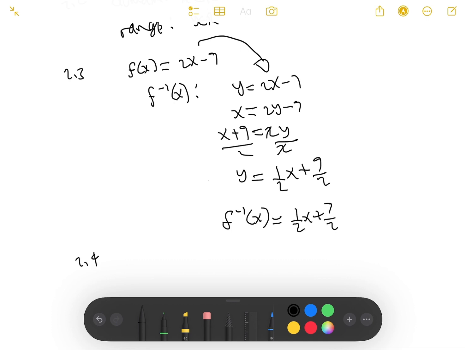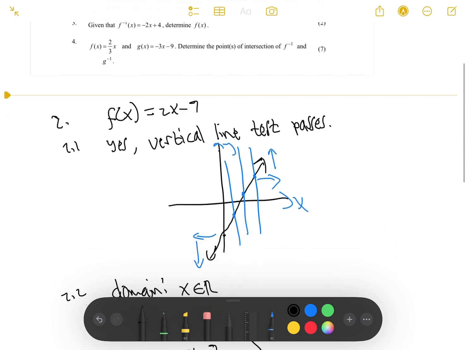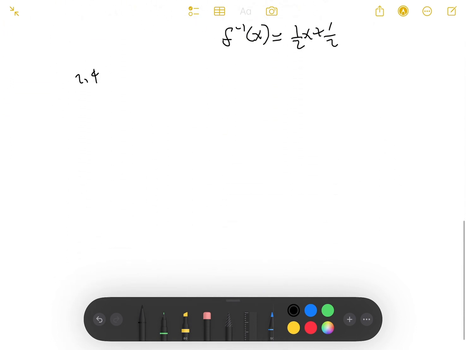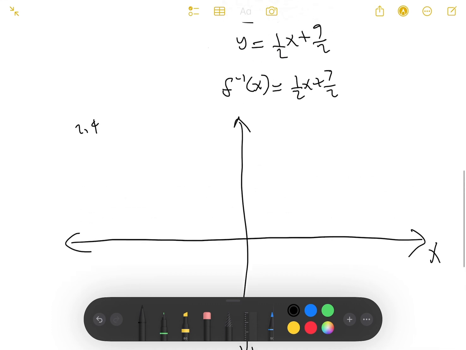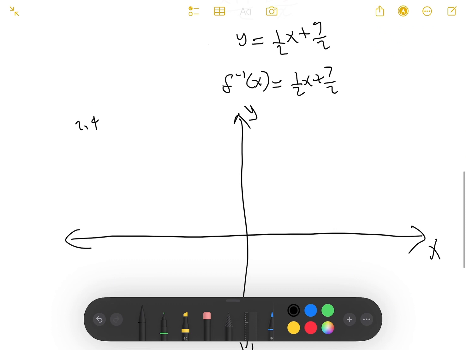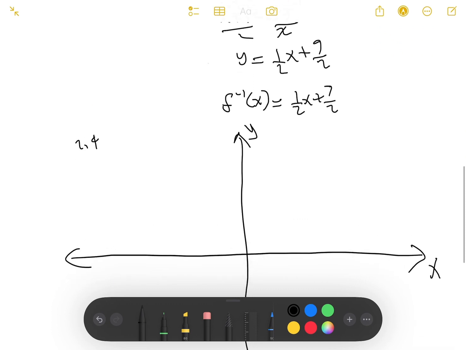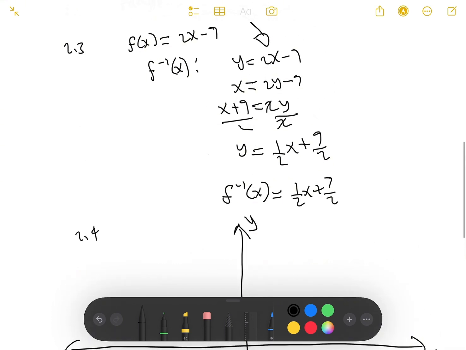And then 2.4, it is said that you must draw this on the same set of axes. I will try to skip the part of actually finding the points, but let's start with the f of x graph.